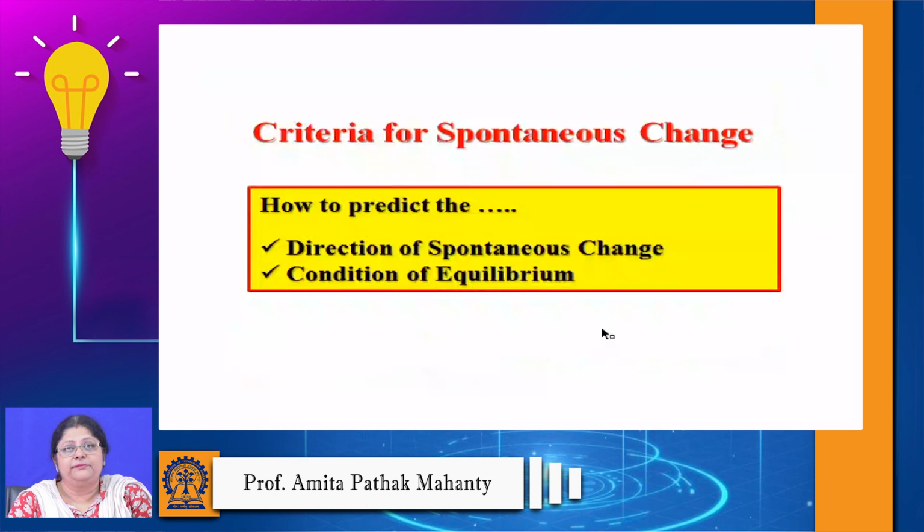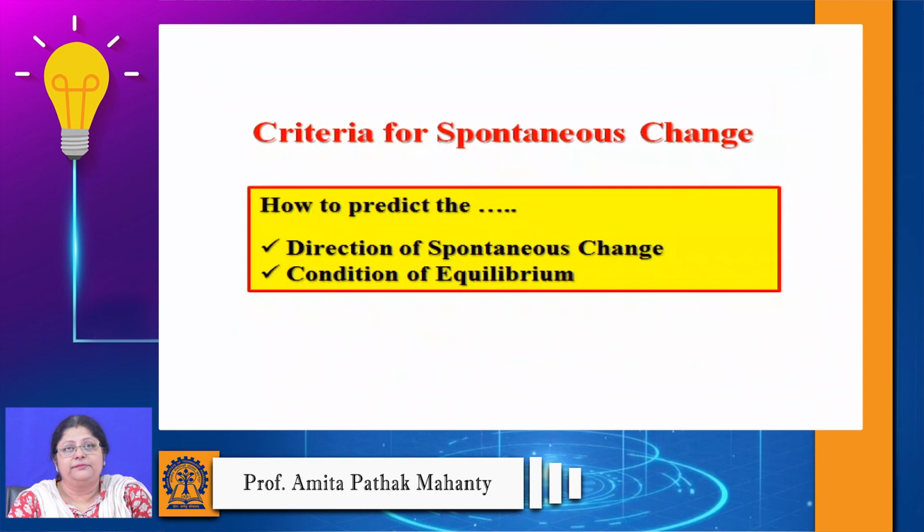Okay, I will take up the criteria for spontaneous change from the next class. So let us end this class, and if you have any questions, I'm going to answer. Any questions from whatever we have done so far, because we are going to apply the second law in the next class to predict the criteria for a change of state.